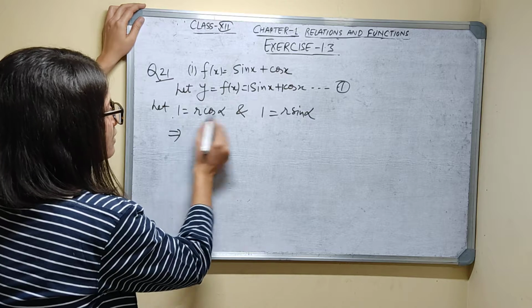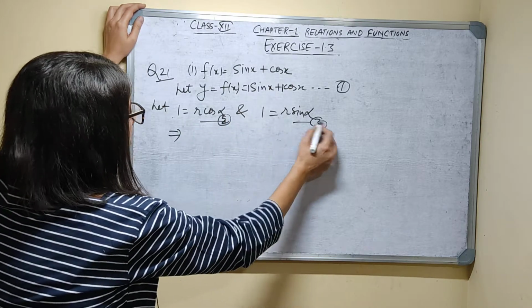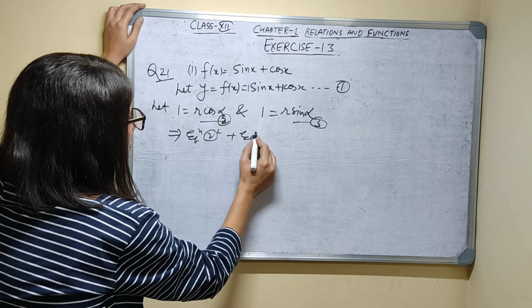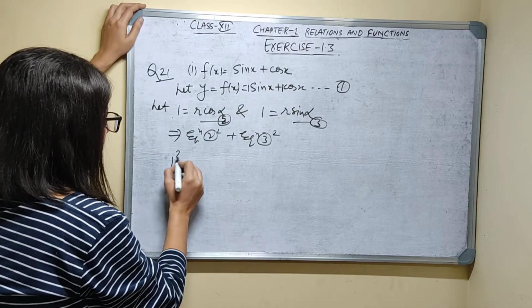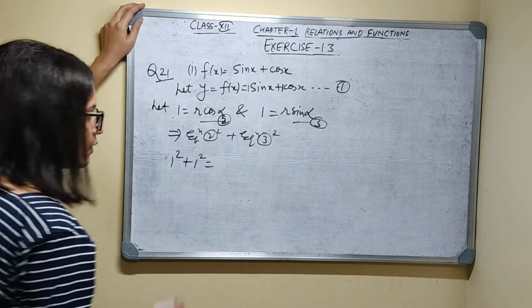Square both the sides, equation number 2 and equation number 3. Equation 2 squared plus equation 3 squared: 1 square plus 1 square is equal to r square cos square alpha plus r square sin square alpha.